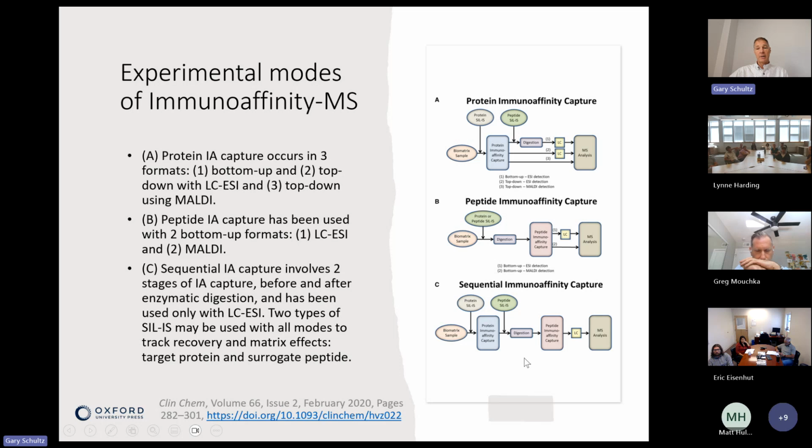We can combine affinity capture at the protein level, add a stable-labeled peptide prior to digestion, and then actually capture both of these, the peptide derived from the protein and the heavy-labeled peptide derived from this digestion for the internal standard, combining 2 affinity techniques together in order to enhance the selectivity even further.